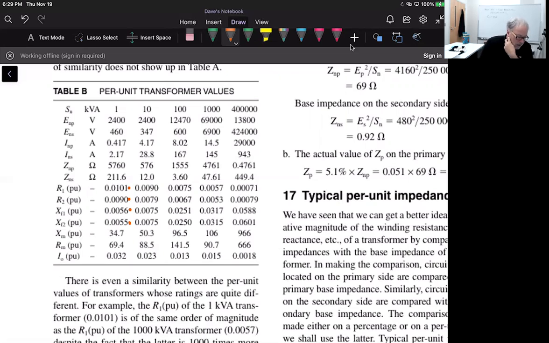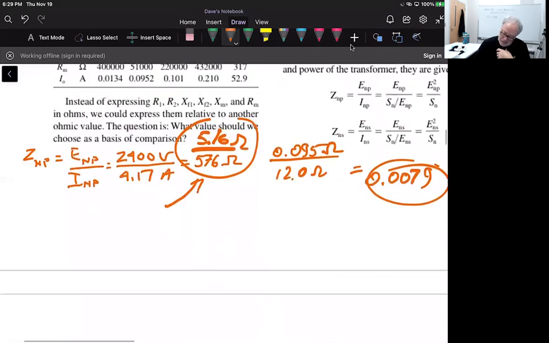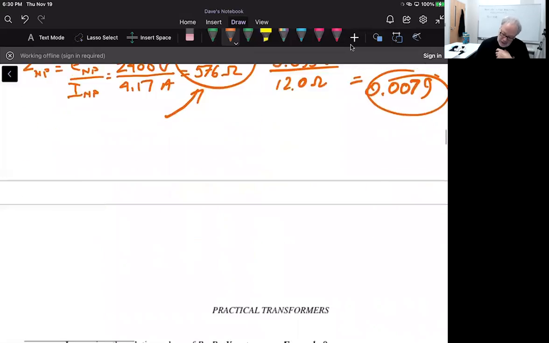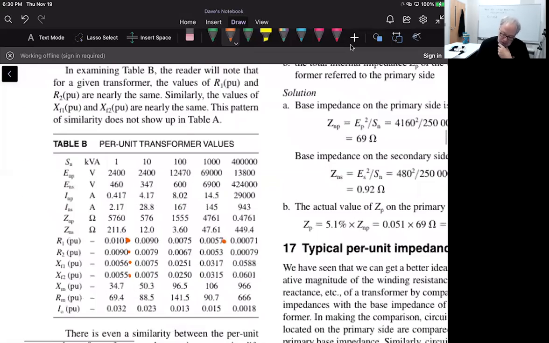The R1 for the 1 kVA is very similar to the one of the 1000 kVA, right? So bing and bing. Now we look at the other slides here, we sure don't see that connection in terms of relative values that we see with the exact values.